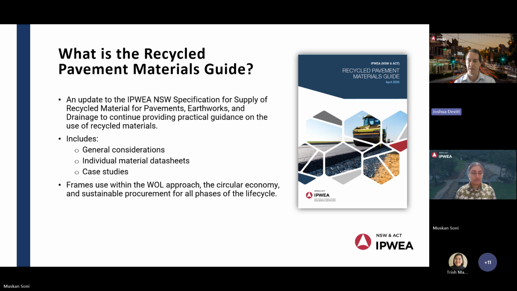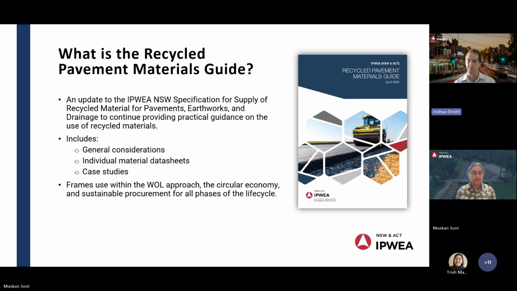By way of history, this is a refocusing of a previous guide that IPWEA had published, called the Specification for Supply of Recycled Material for Pavements, Earthworks and Drainage, which is a bit of a mouthful.